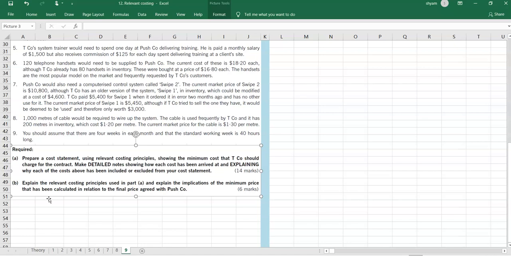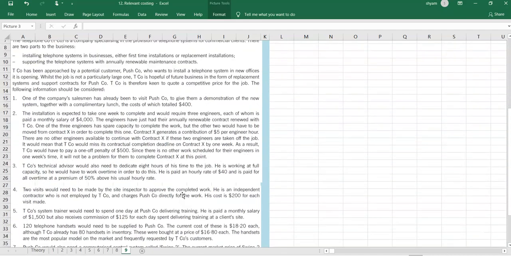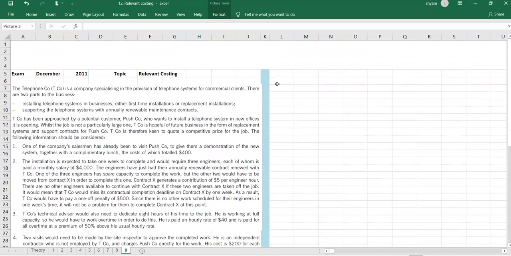Explain the relevant costing principles used in part A and explain the implications of a minimum price that has been calculated in relation to the final price agreed with Pushco. So you have to substantiate why you have used it, and what is the implication of this price. What does this price refer to or mean? That's what he's asking. So we'll have similar notes here.